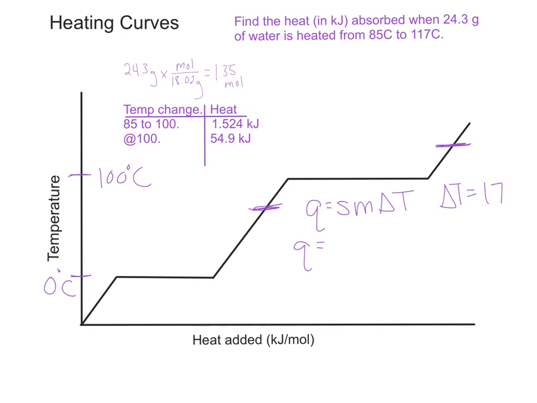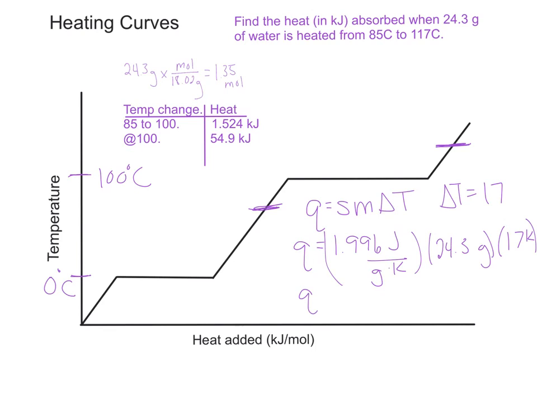So if we write this out, now a little bit of a difference here, the specific heat of water vapor is different than that of liquid water, okay? So the specific heat of water vapor is 1.996 joules per gram Kelvin, okay? And we're still using the same mass, okay? So we have 24.3 grams times the 17 Kelvin for our delta T.